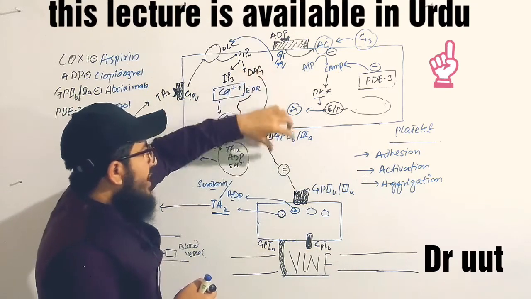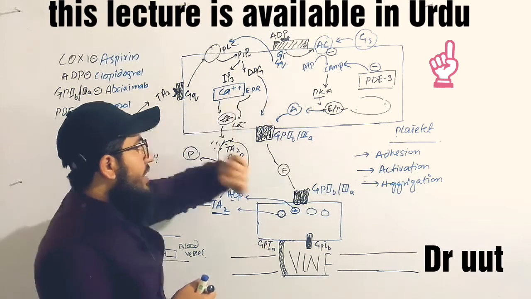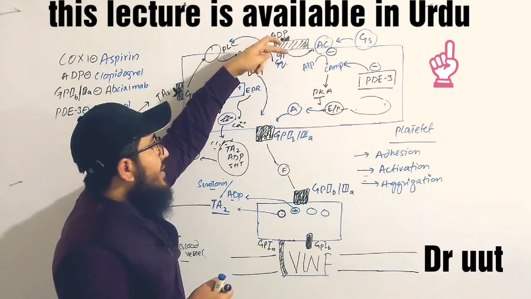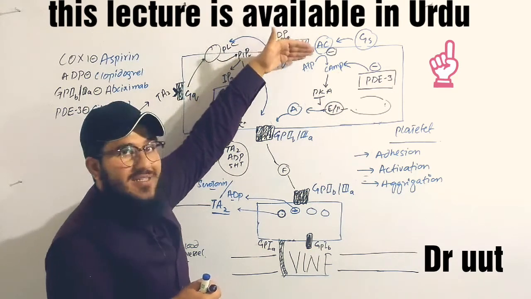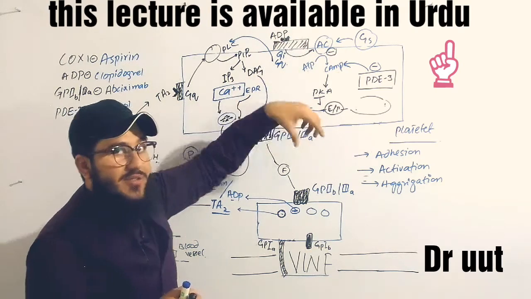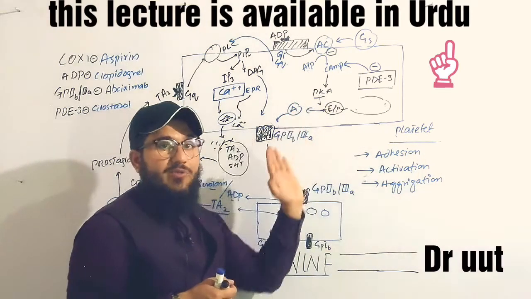So this platelet will bind by means of fibrinogen with this platelet when this receptor is activated. So this is how ADP, when it binds with the GI coupled receptor, inhibits the pathway and activates the GP2B3A receptor, increasing the aggregation. It means one platelet is now going to bind with another platelet.